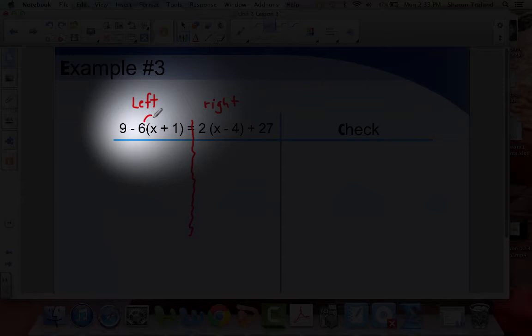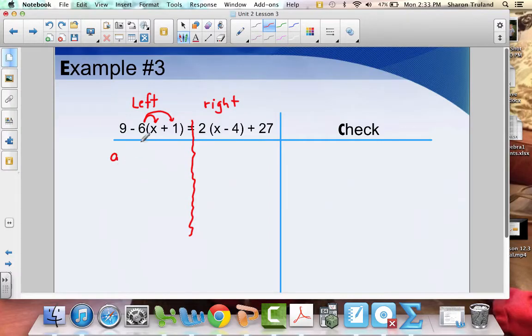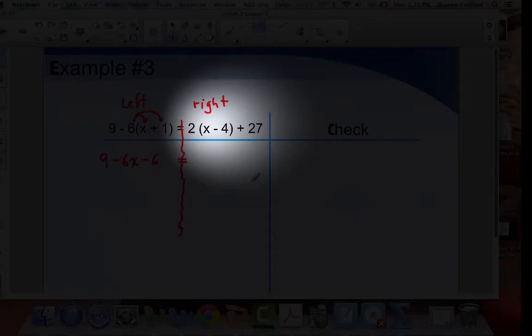Ooh, I've got some distribution I can do right here. Nothing with the 9. I distribute the negative 6. Okay. Now I'm going to look at the right side. 2 times, oh, I got some more distribution I can do here. 2x minus 8 plus 27.